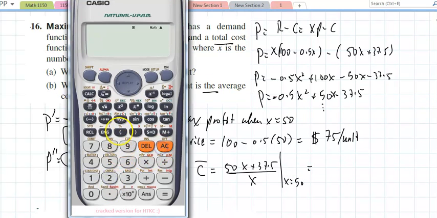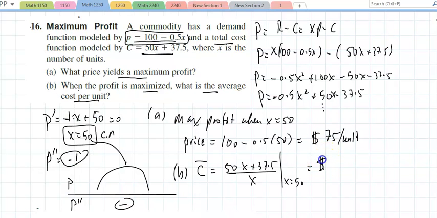Parentheses, 50 times 50, which is x, plus 37.5, divided by 50. $50.75 is the average cost per unit, the average.